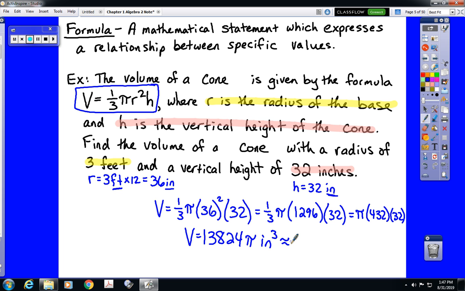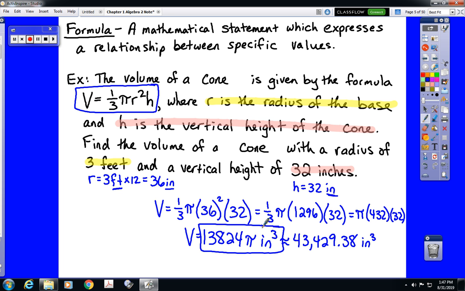Now if we multiply that by pi and convert it to a decimal, that is approximately 43,429.38 cubic inches. But really, I would prefer the exact answer here in our Algebra 2 class.